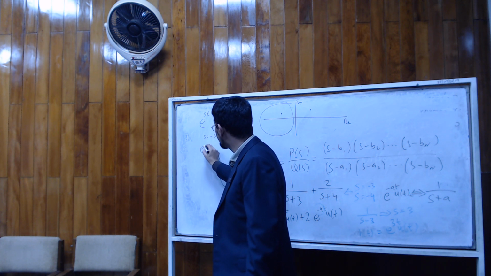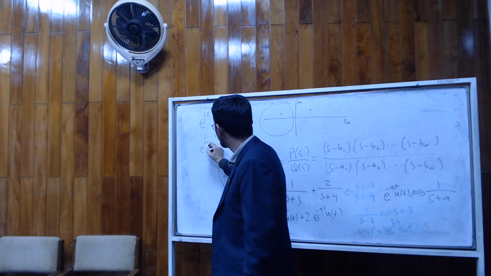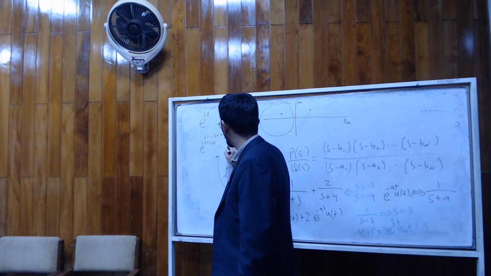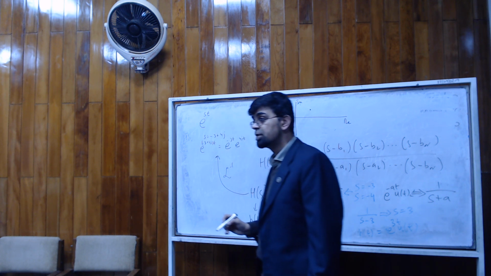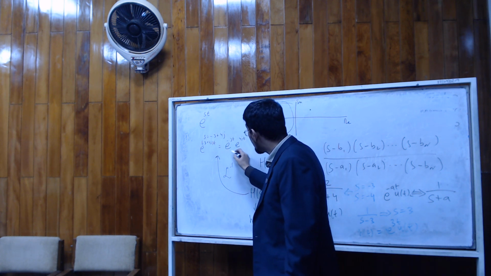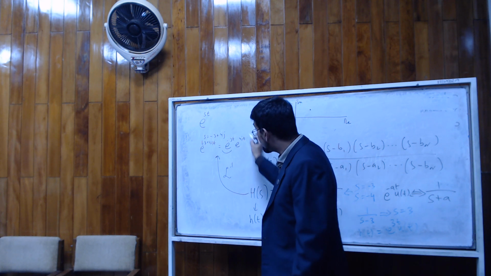What does it become? It's e^{(-3+4j)t}. Can I write it as e^{-3t} times e^{4jt}? Yes, sir. Now this is exponentially decaying. What is this other term?